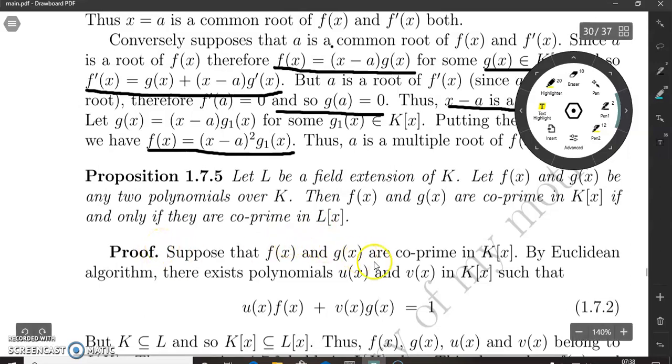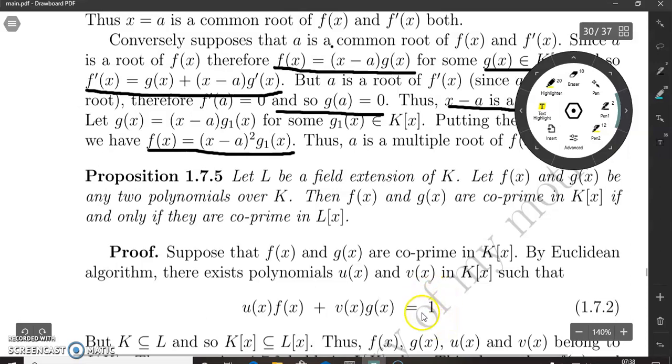Suppose that f(x) and g(x) are co-prime in K[x]. It means their GCD will be 1. Again, by the Euclidean algorithm, we have two polynomials u(x) and v(x) in K[x] such that u(x)f(x) + v(x)g(x) = 1. Why?